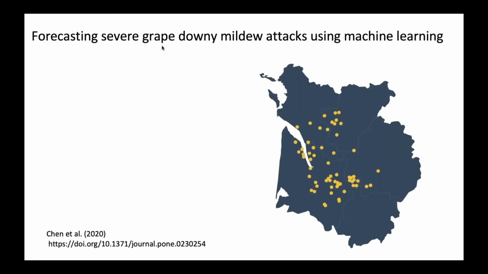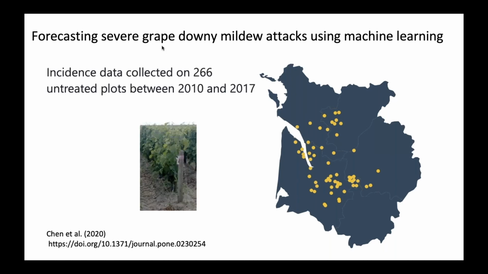Just a quick example. So here we use a network of experiments in vineyards in the Bordeaux area in France, where incidence data were collected across several years in untreated plots.